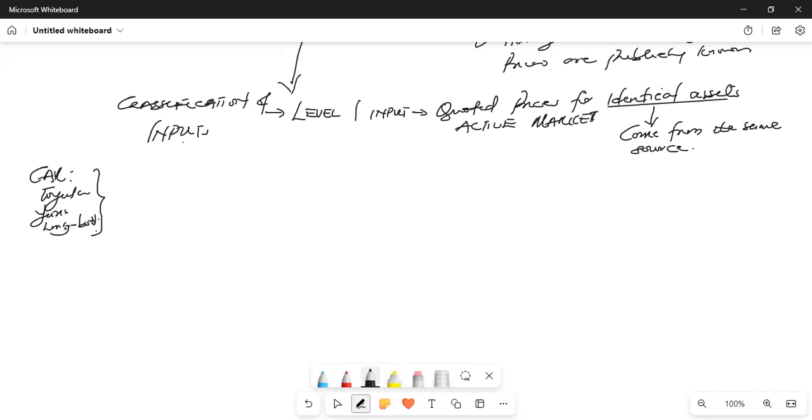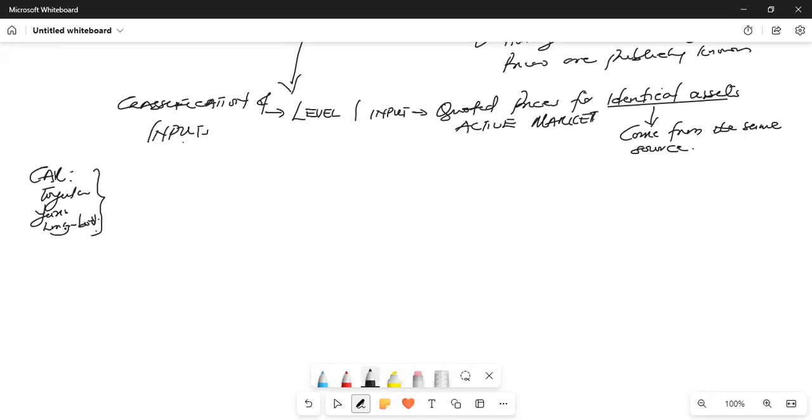So if one of you, let's say Rampa, also has a Core i5 8th generation laptop, also used for 4 years, and Rampa has valued it at, let's say, 5,000, I can, based on his data, also price my own at 5,000. That is why we call it identical, because it all came from HP. So that is level 1.